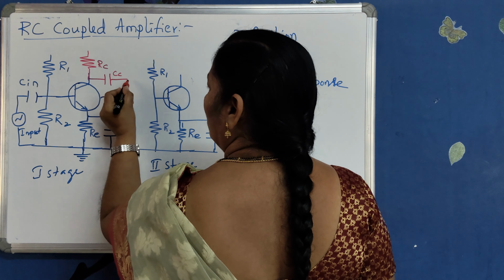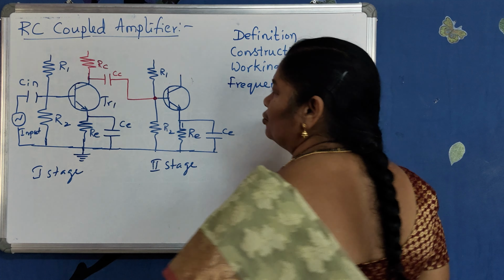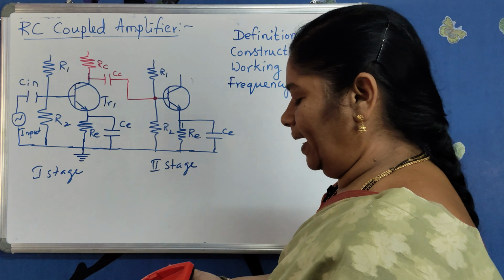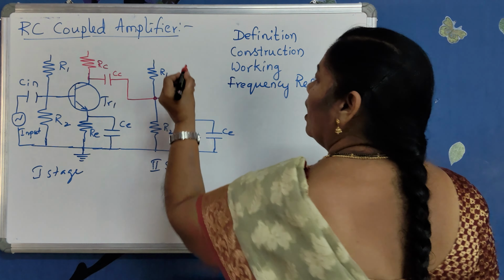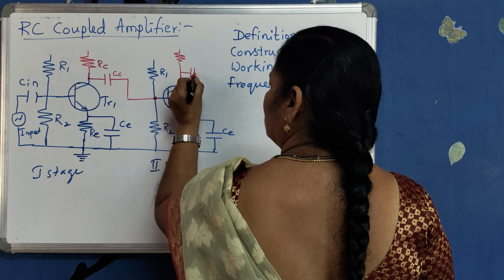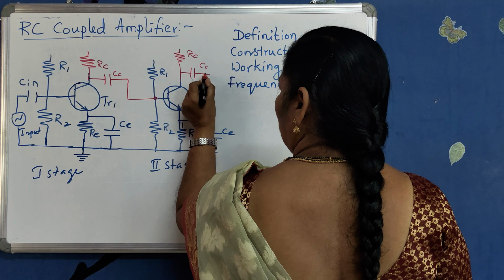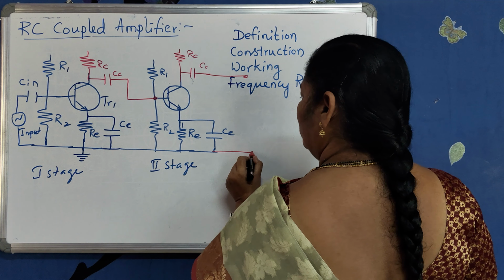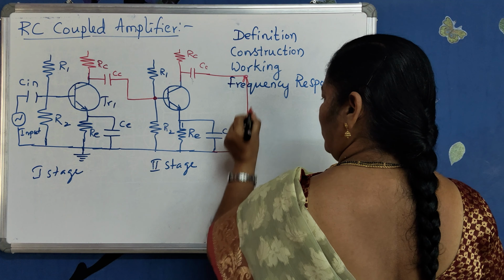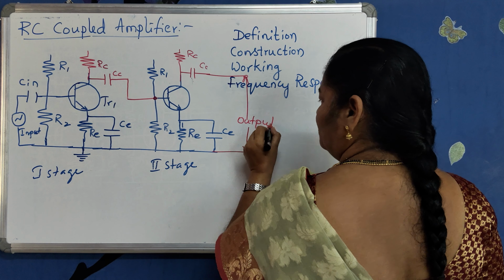So this is the RC network and you are coupling the signal to the base of the second transistor. At the second transistor also, you will have the same circuit, RC and CC, and the output will be taken from these two points. Here you can take the output.